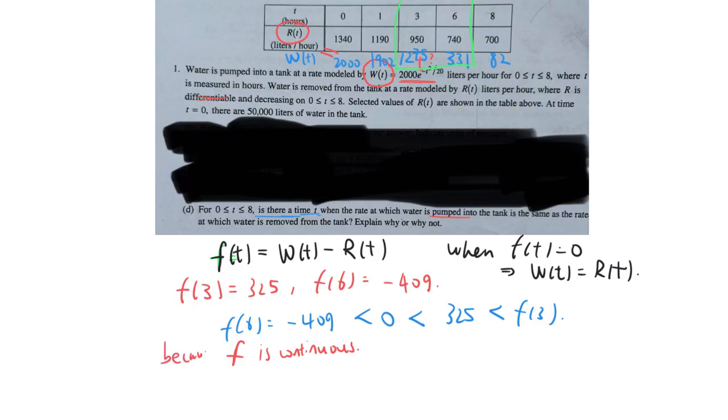So we're going to say because f is continuous, we apply the intermediate value theorem, the IVT. It guarantees that there exists some t between 3 and 6 where f of t is equal to 0.